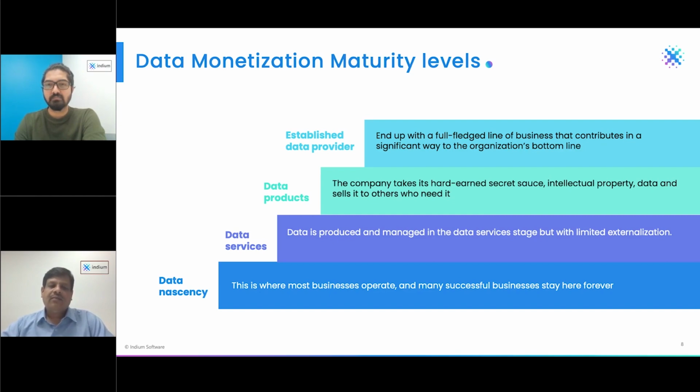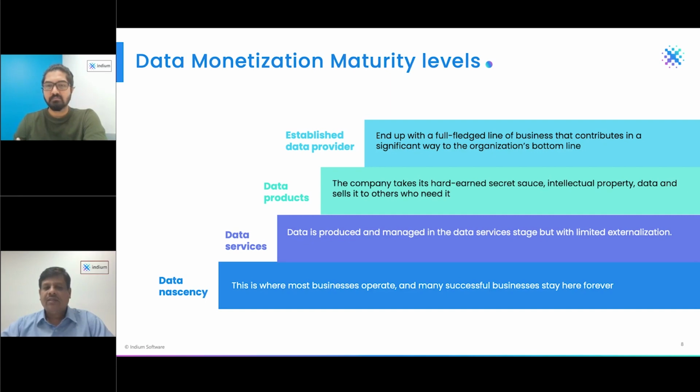The next set of organizations is where data services, that is, data is produced, managed, and then stored, but with limited externalization. That means data is being put to use, but it is not being externally adapted, or they are not going in a robust way to sell the data or share the data with external parties. The third level of maturity is data products.